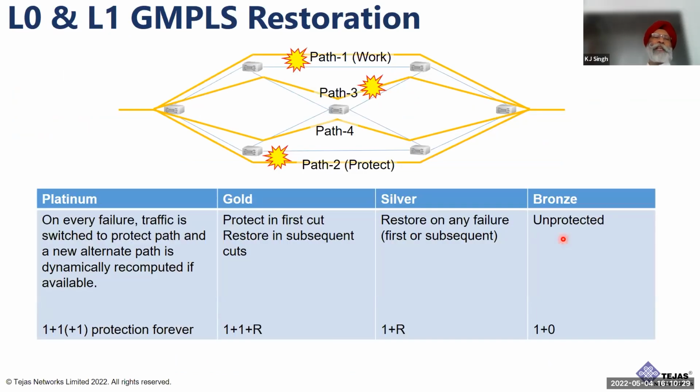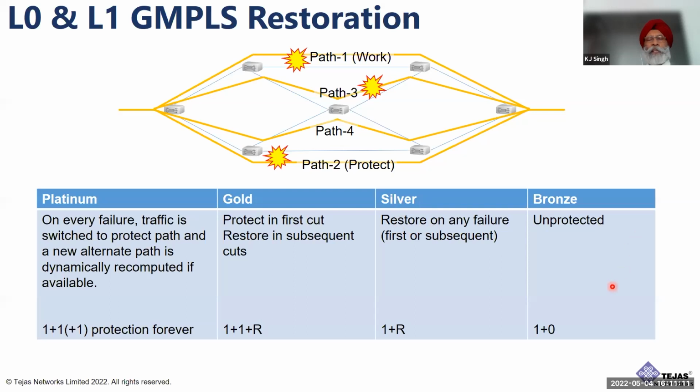You also have the ability to do restoration with GMPLS. One of the things that optical networks are known for is protection, but there is also restoration. When you talk about 50 millisecond protection, you essentially have a dedicated path, but you can also compute the path using a GMPLS control plane running either at the DWDM layer, which is aware of the physical impairments of a link, or at the OTN layer, which is called L1 GMPLS.